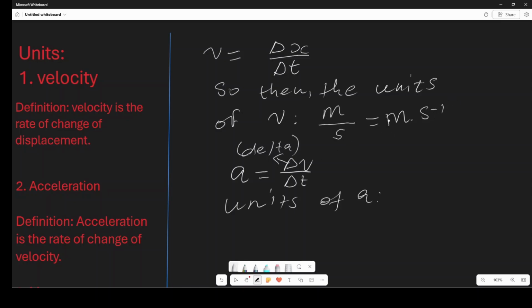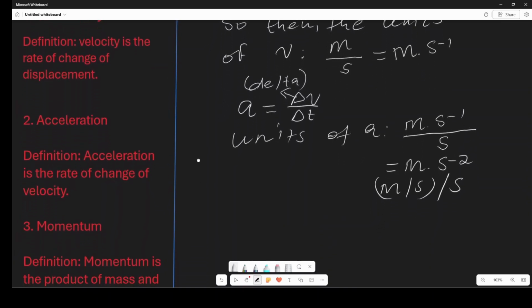We just determined them as meters per second, so we'll write that as meters per second here, and then divide by the units of what? Of time, which is second, and that's basically meters per second to the power -2. Which is shorthand for meters per second, in every second. So these are the units of acceleration.